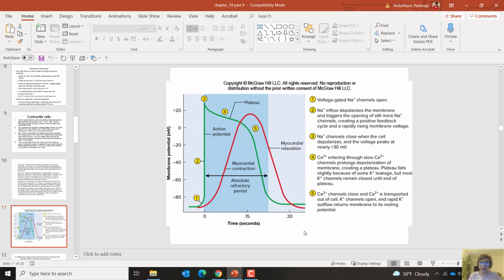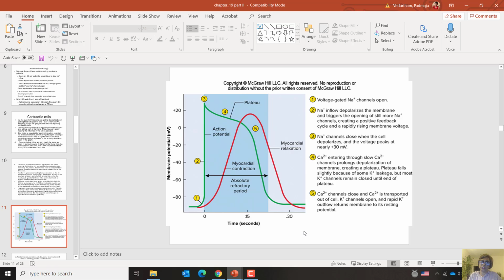The pacemaker is the one which sets the tone, right? And you have a bunch of pacemaker cells, and we'll talk about where they are present. Pacemaker cells are the ones which have unstable membrane potential. So they have slow sodium influx, which causes slow depolarization.